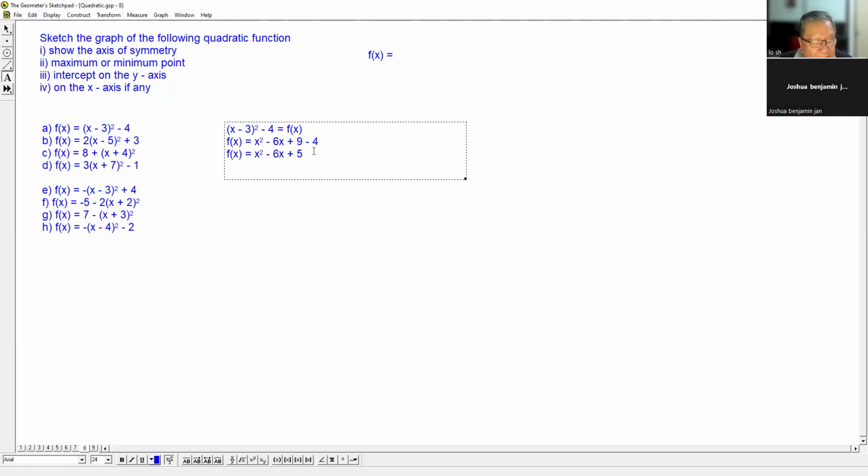For the x-intercept, we have to put f(x) equals 0. If f(x) equals 0, it means this one equals 0. So you have to solve the quadratic equation to find the roots of the quadratic equation.